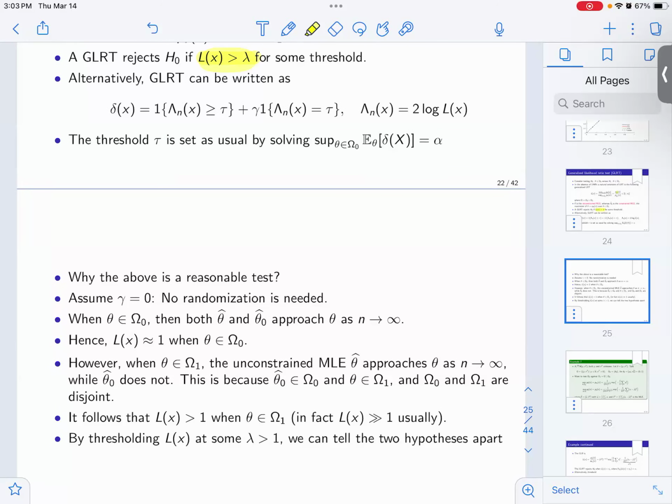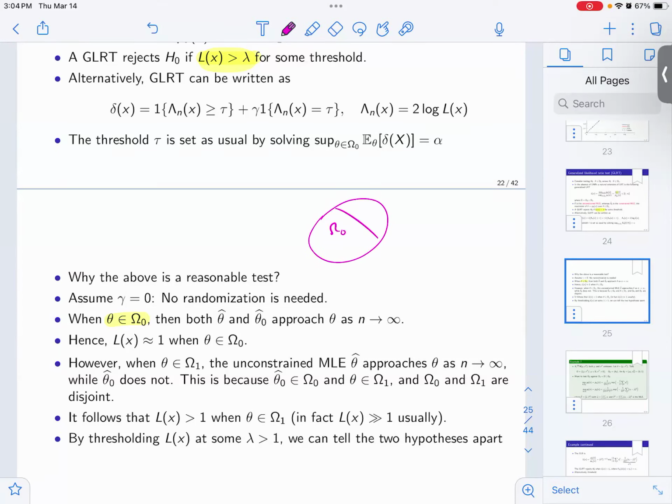When we are under the null, the true parameter is in omega naught. And so when I maximize over the entire parameter space, and when the sample size goes to infinity, theta hat is going to approach theta. Theta hat naught is also going to approach theta, because theta is in the region where I maximize.